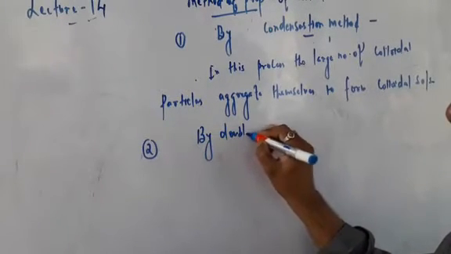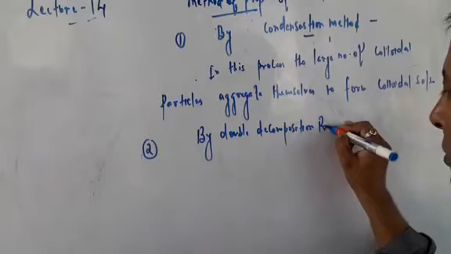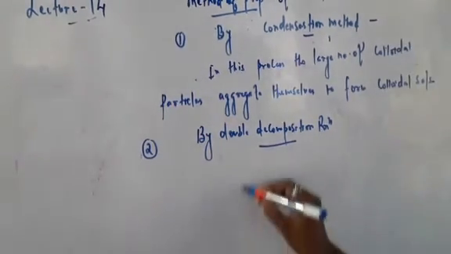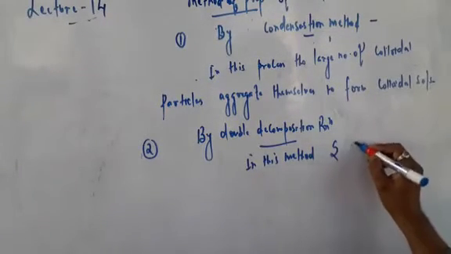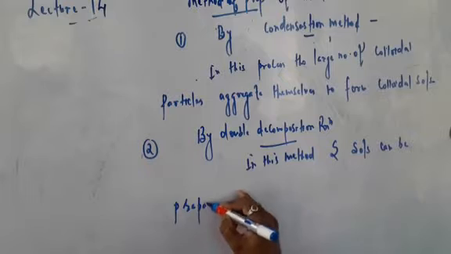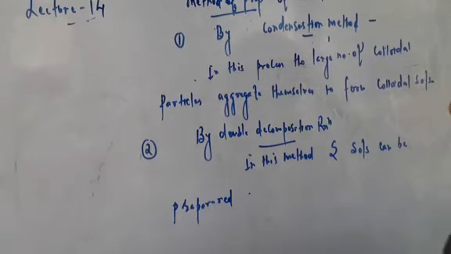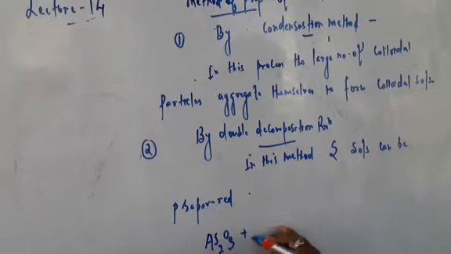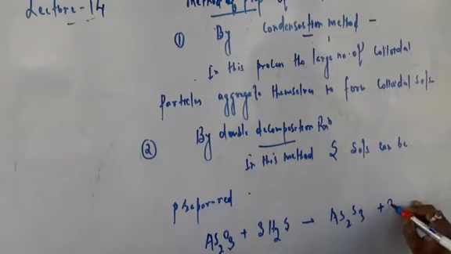The second method for preparation of colloidal sols is by double decomposition reactions. In this method, arsenic sulfide sol can be prepared by double decomposition reactions. Simply, arsenic oxide reacts with hydrogen sulfide, then it forms arsenic sulfide plus 3 moles of water.